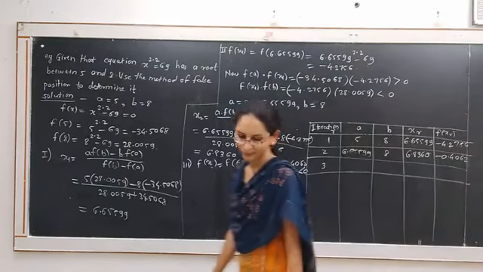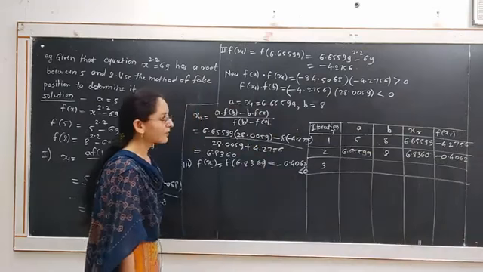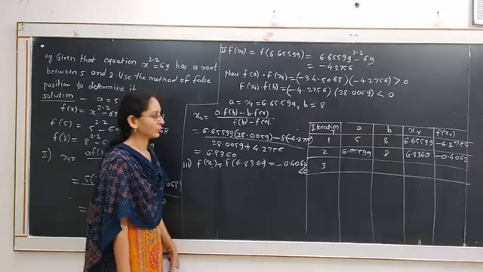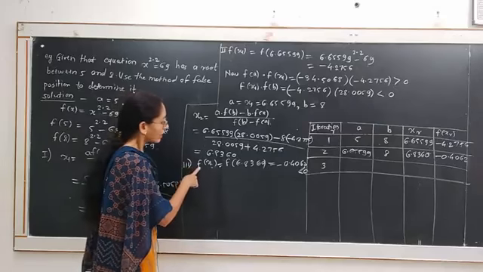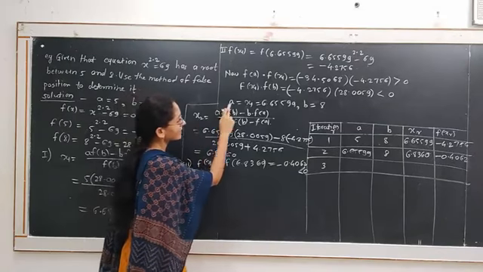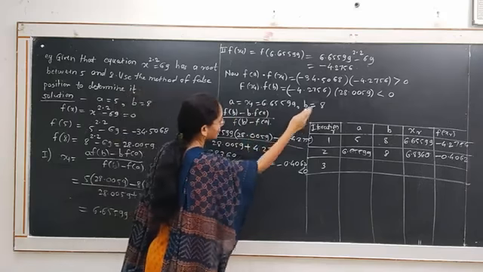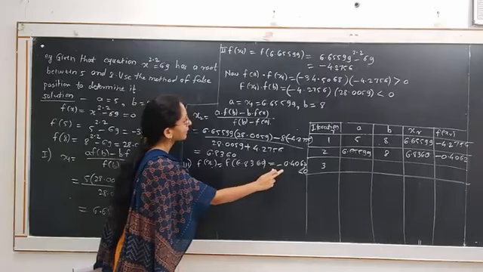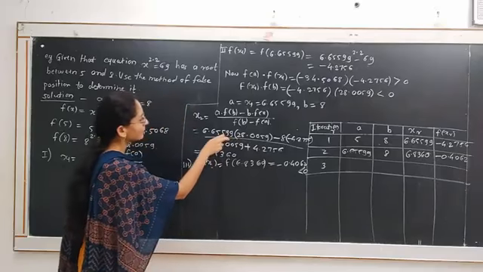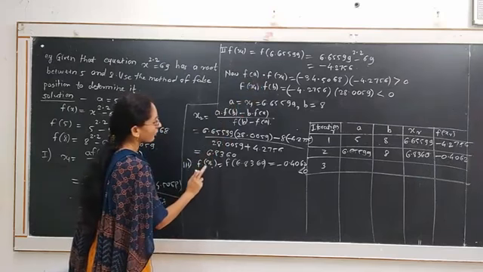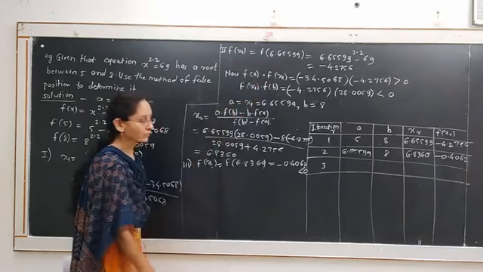In the third step, we take the values of a and b in such a way that f of a into f of b is negative. In the second iteration, we have considered a equal to x1 and b equal to 8. In this iteration, we are getting f of x2 as negative, and in the previous iteration, f of a, which means f of x1, is negative. Therefore, in this step, the product of f of x2 and f of a is positive.